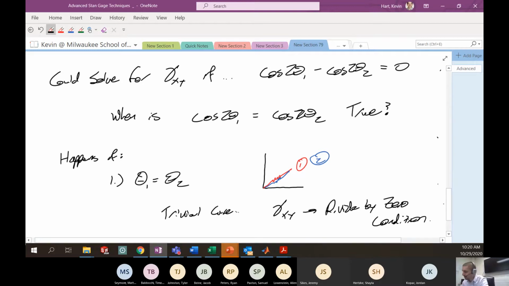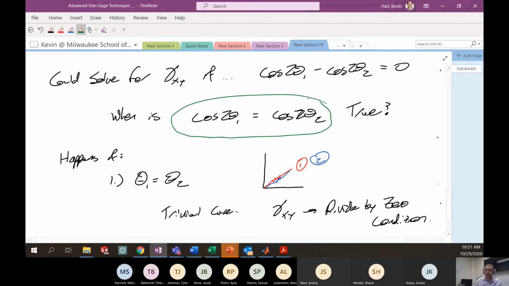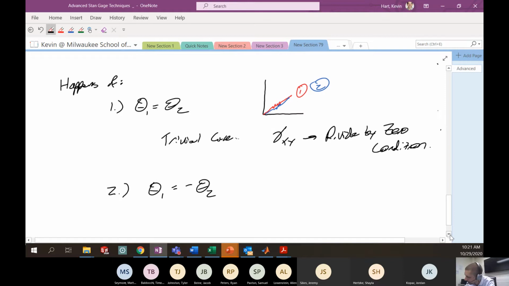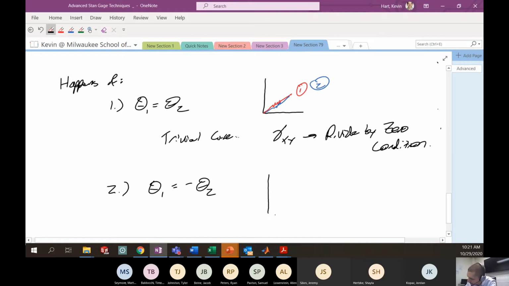But there's one other situation where this particular expression can be true. And that's if we recognize that this cosine function is actually an even function. So it also happens if theta 1 is equal to negative theta 2. So that would look like the following.